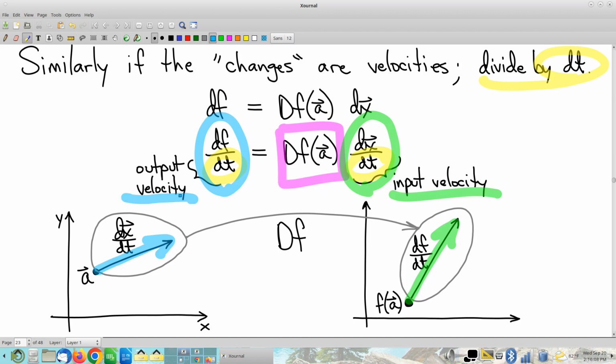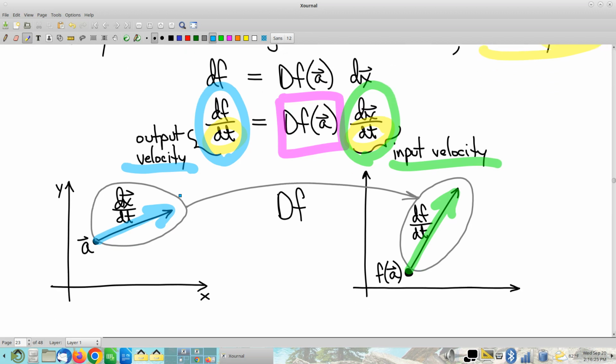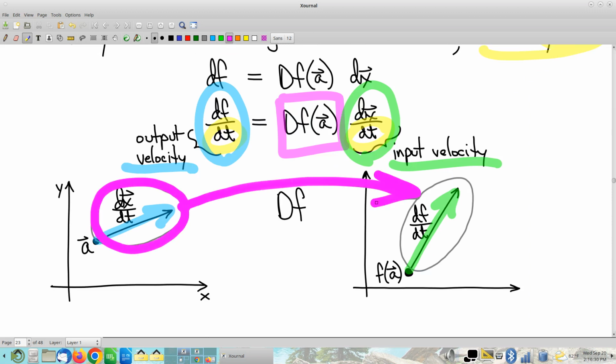So again, same derivative matrix. It's still input change into output change, it's just now an input rate of change into an output rate of change. But it's still turning an input vector into an output vector. It's just that now the input and output vectors represent velocities instead of displacements.